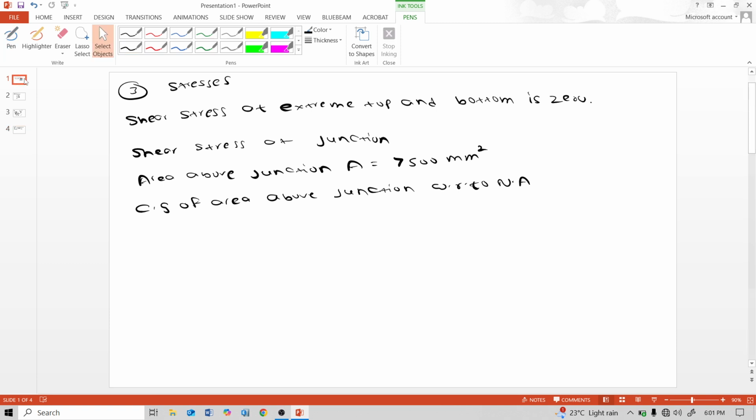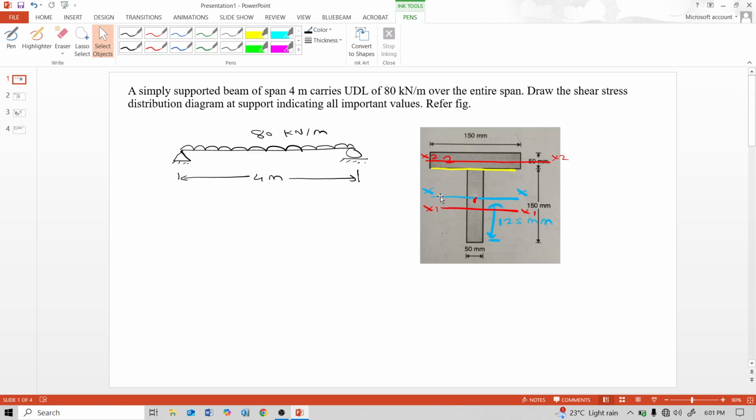The CG of the area above the junction with respect to this XX neutral axis: this total distance is 150 plus 25, 175 mm, and minus the distance from the extreme bottom fiber to the x axis, minus 125.